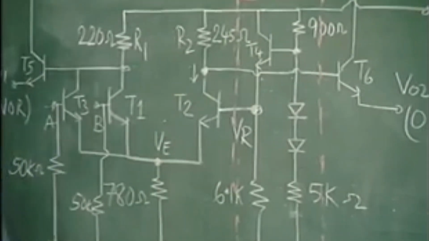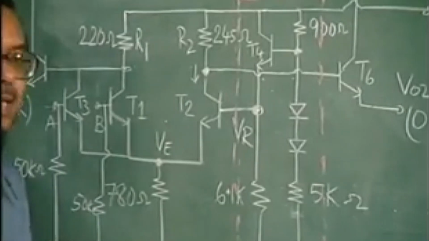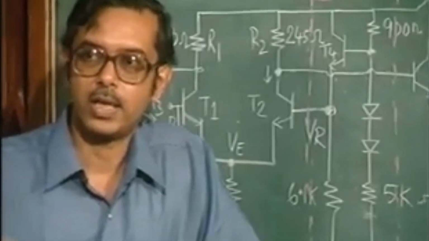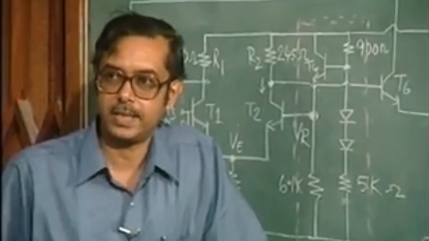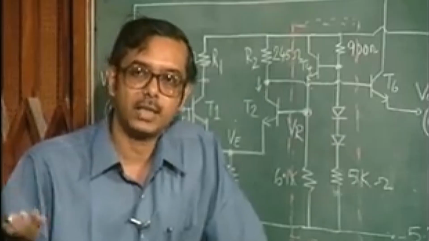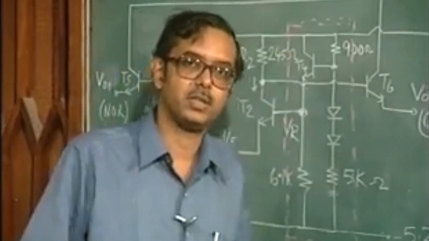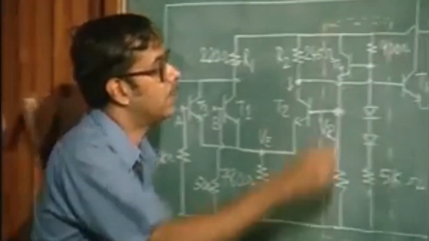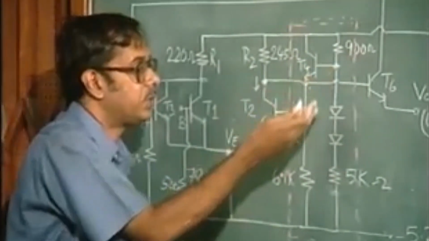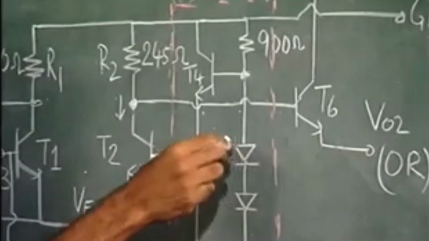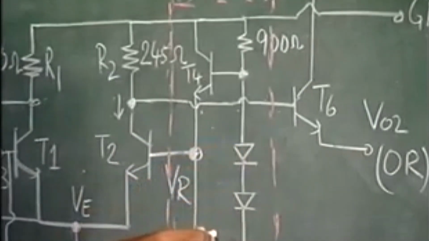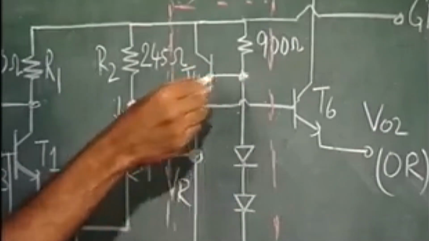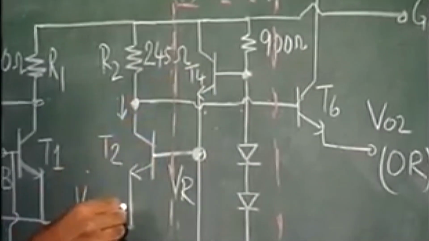You know that the base emitter voltage of a transistor changes at around 2 millivolts per degree centigrade, and when you convert that to current, because of the exponential nature, you have a lot of difference. So, when the temperature goes up, the voltage across these diodes also changes. From this point, you have 2 diodes here, and these are the 2 base emitter voltages.